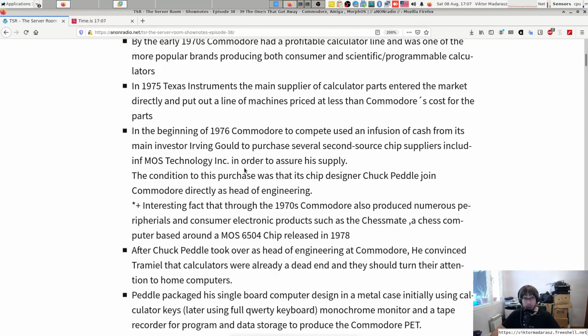In the beginning of 1976, Commodore, to compete with this, used an infusion of cash from its main investor Irving Gold to purchase several second source chip suppliers.